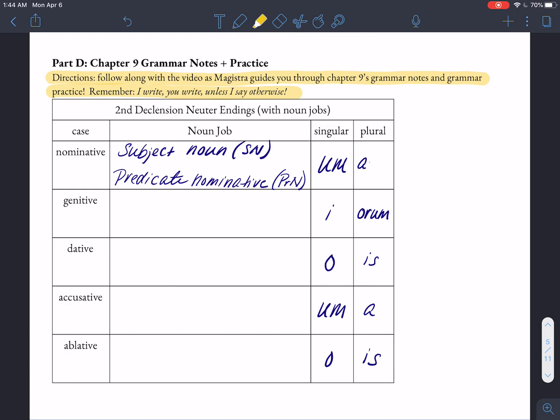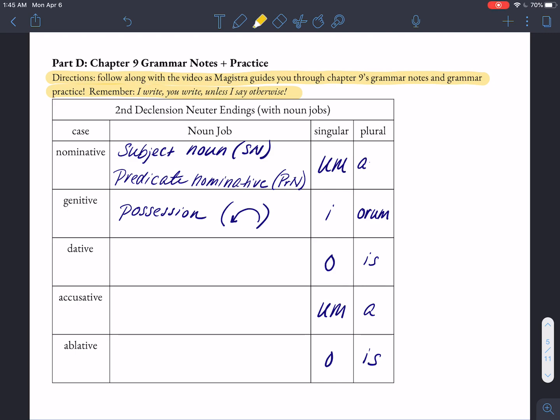Once you have that filled out, we're going to do the genitive. That's that box right there. In this box, you're going to write possession, and for that, you're going to write an arrow.